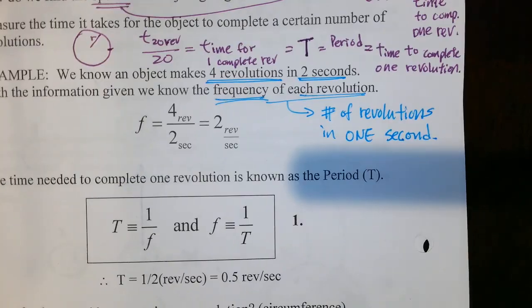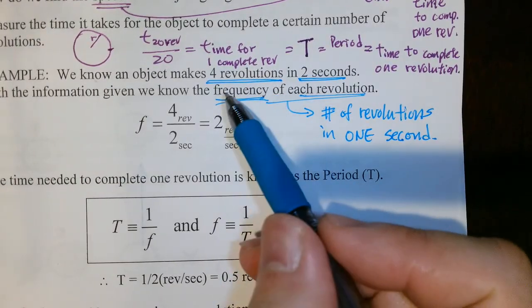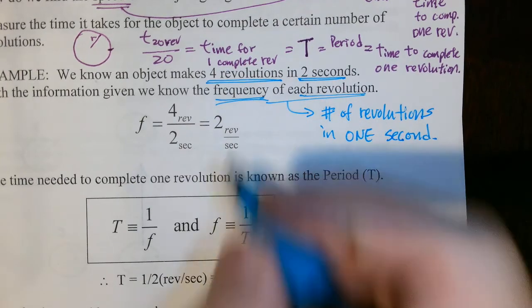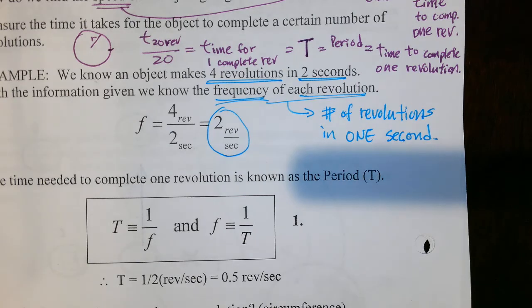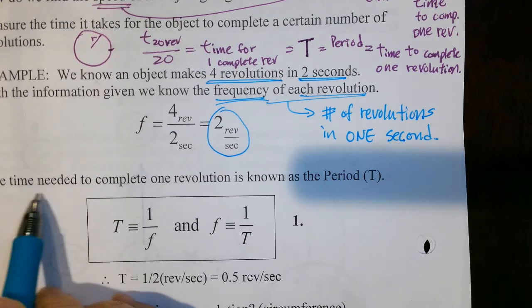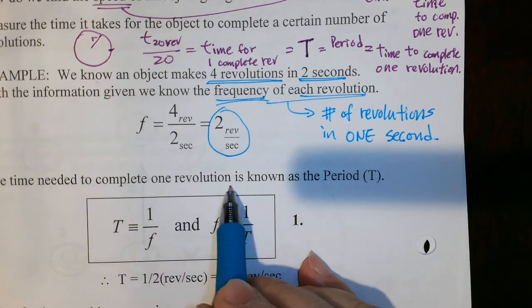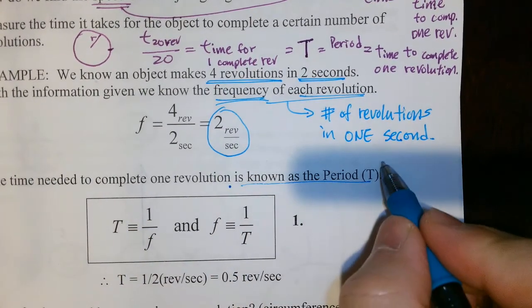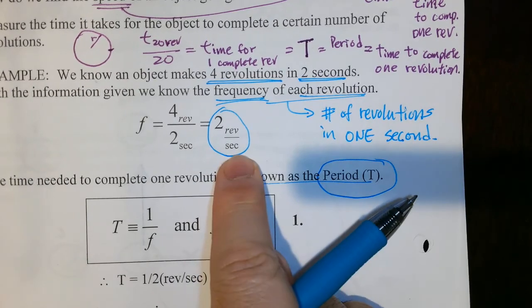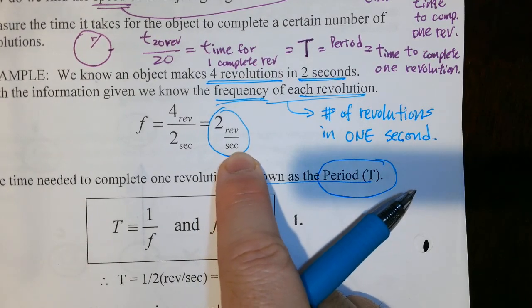So the frequency of this object going 4 revolutions in 2 seconds is 2 revolutions per second. The time needed to complete one revolution, the period, is just half a second.